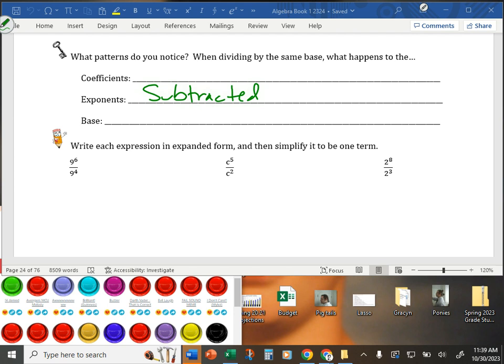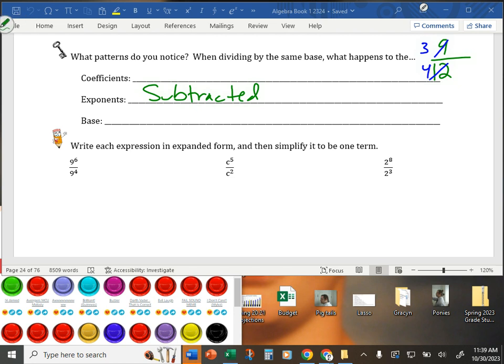I don't want to say divided because even though in the one that we had here, 8 divided by 4 did equal 2, there's one up above this, the first example that we did, which had a 9 and a 12. We didn't divide 9 and 12. We simplified 9 and 12, right? If you look back at your work from up above, you should have a 9 crossed out with a 3 and a 12 crossed out with a 4. That's because we simplified the fraction 9/12.